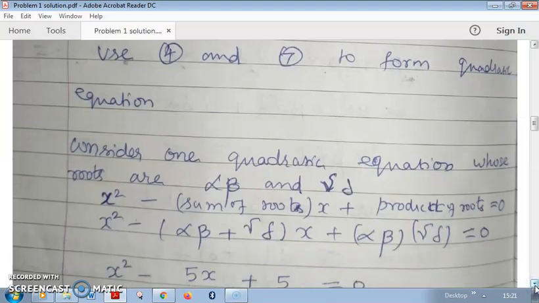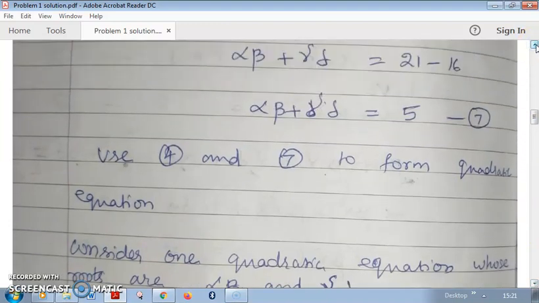We know that x square minus sum of roots into x plus product of roots equal to 0. The roots we have taken are alpha beta and gamma delta. Therefore, x square minus alpha beta plus gamma delta into x plus alpha beta into gamma delta equal to 0. Here, alpha beta plus gamma delta is 5.